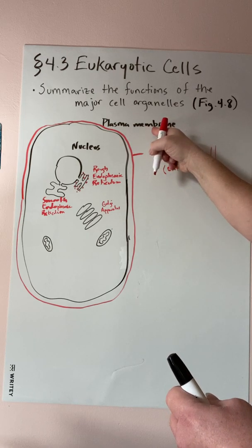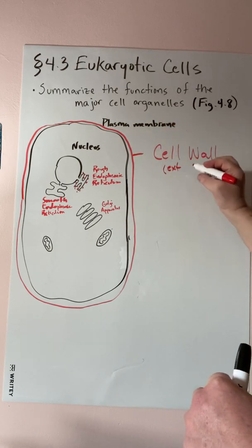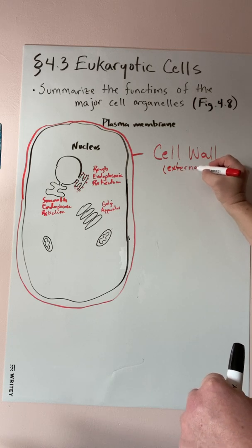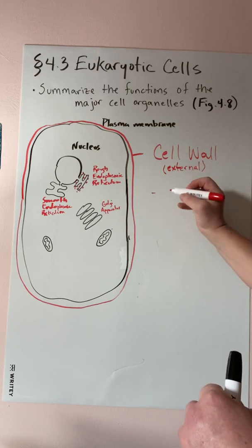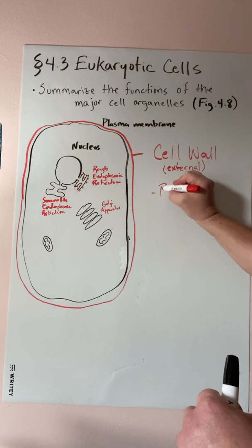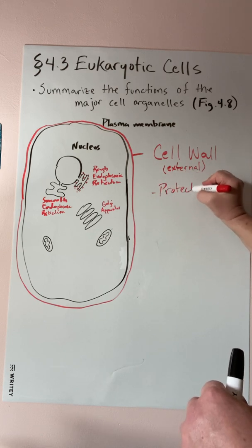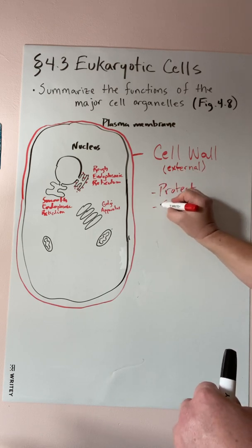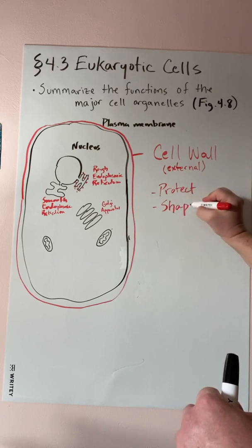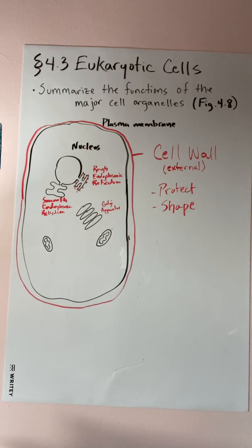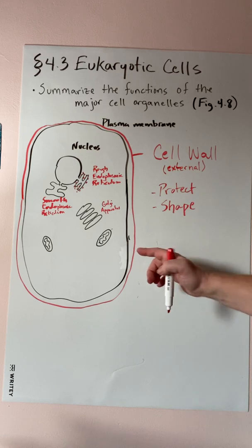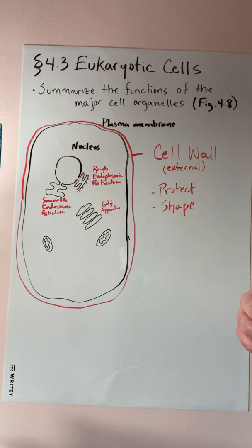Remember, the plasma membrane is the boundary between inside and out. So a cell wall is going to be external. It's very rigid. So it's going to serve the role of protection. It's very rigid. So it is going to give the cell its shape. This is where the cellulose is in a plant.